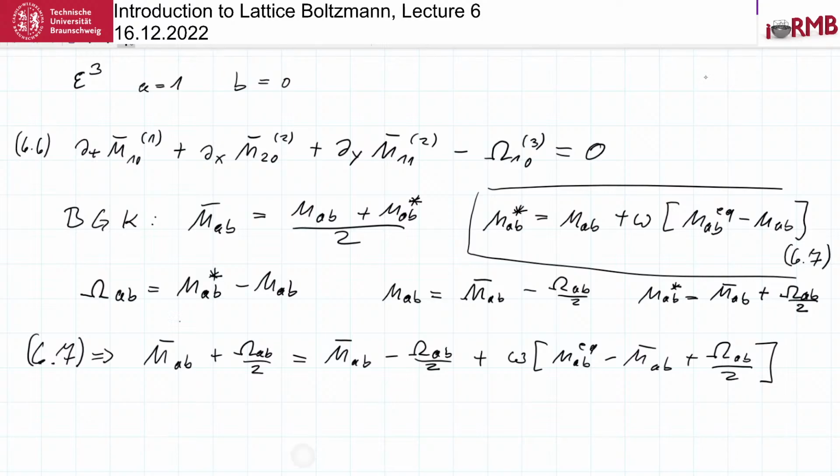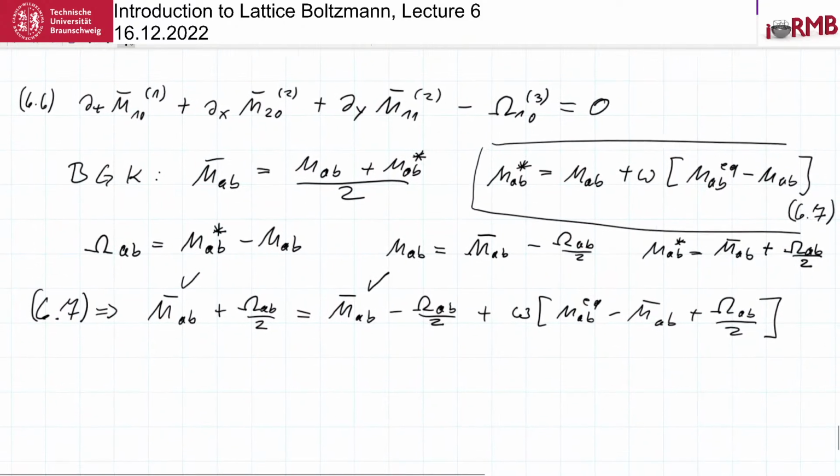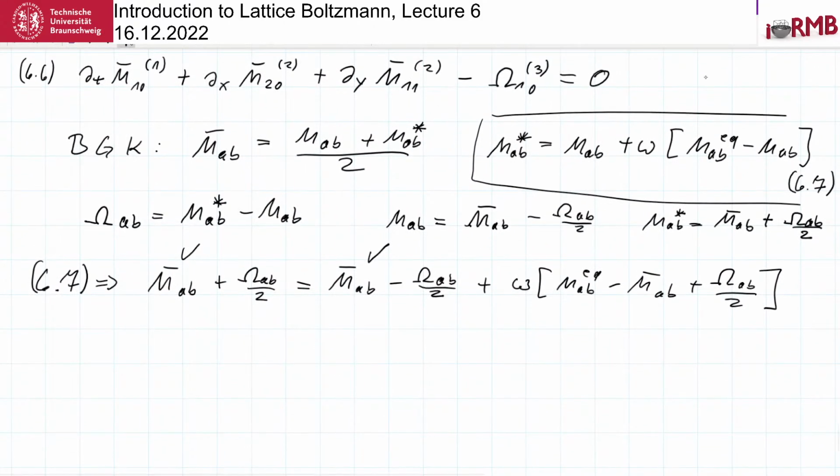And you see that these guys here are now disappearing, and what we are left with is that MAB is equal to omega MAB equilibrium minus MAB bar, the guy that we know, and the omega AB half.